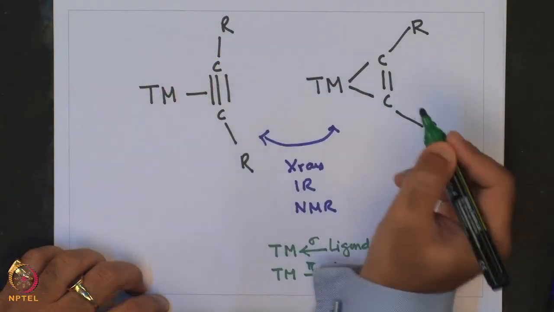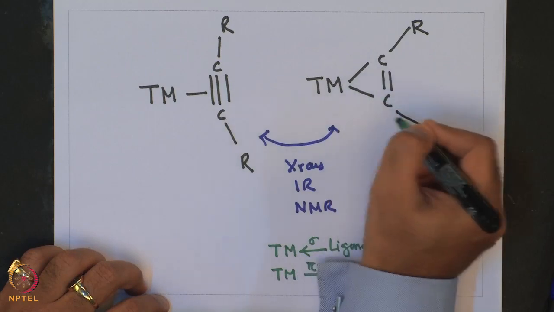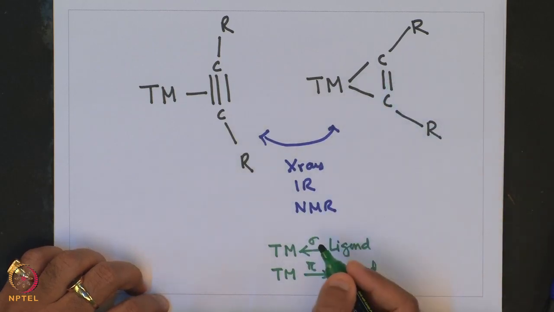Now, one can see that in these two structures, the acetylene is purely sigma donating in one, versus the cyclopropene kind of intermediate in the other.